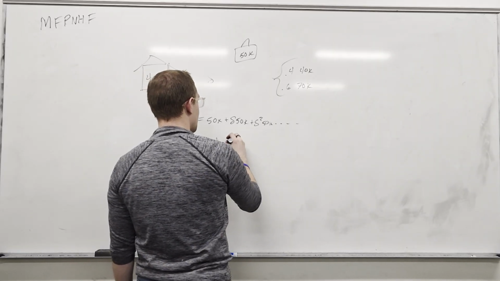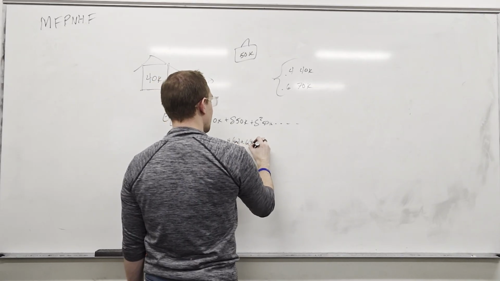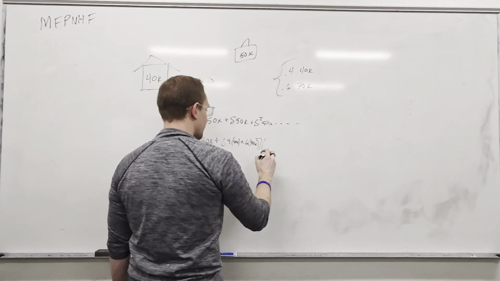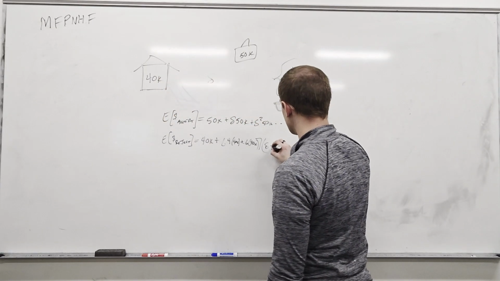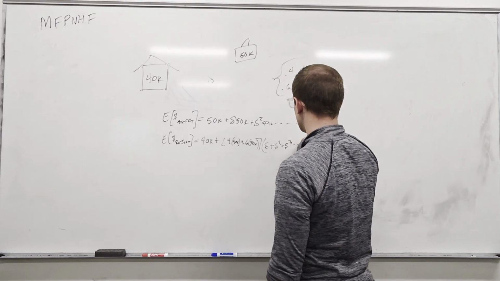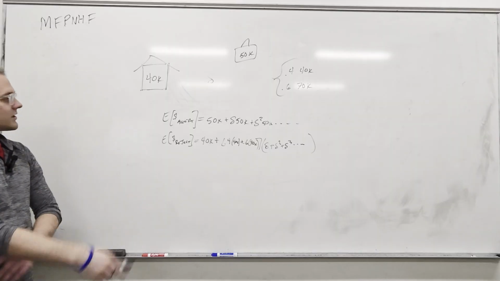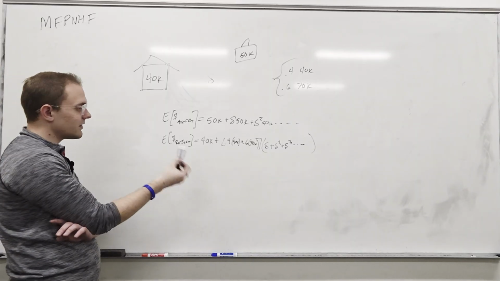So that's going to be 0.4 times 40K plus 0.6 times 70K. That's the value of this other job. And that's going to be at delta, but it's also going to be at delta squared and delta cubed and on into infinity.